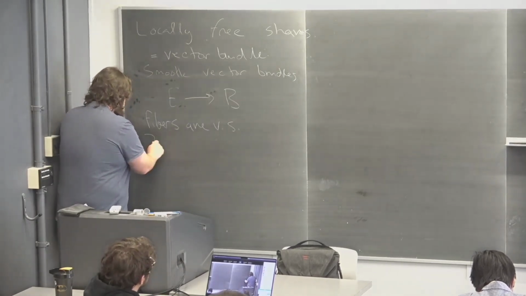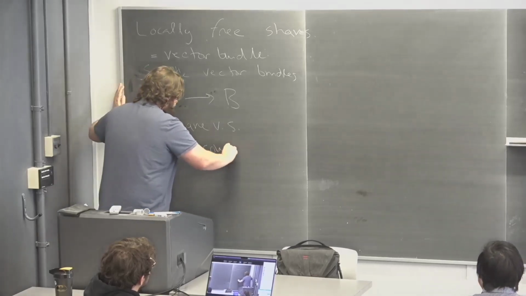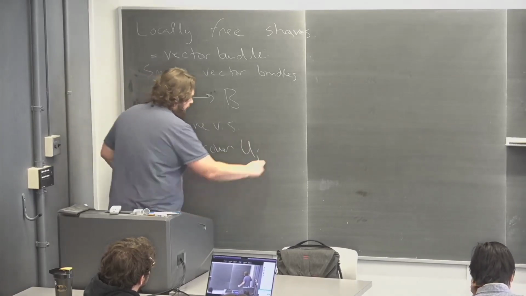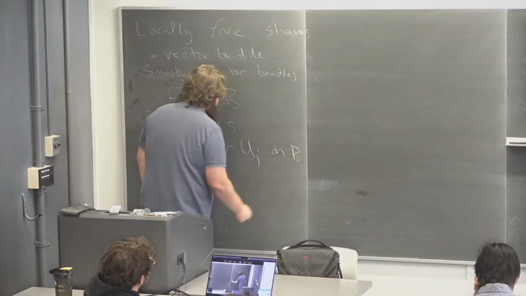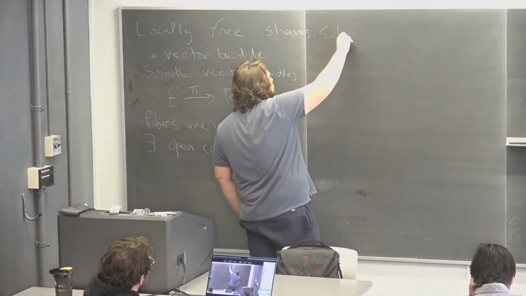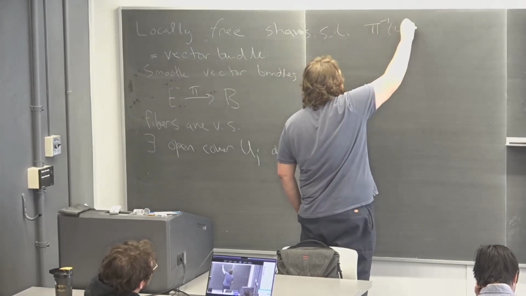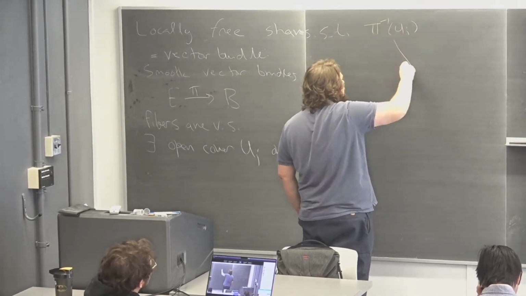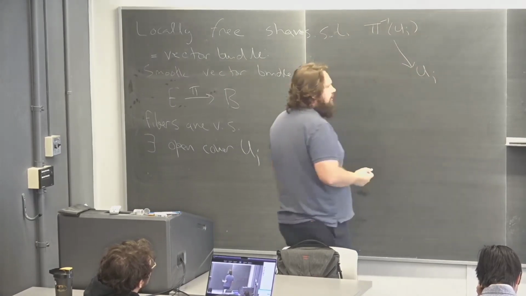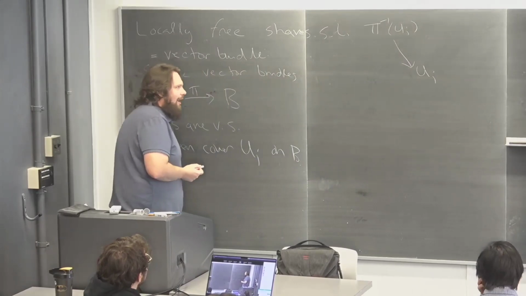It means there exists an open cover, U_i on B, and I'll call this map pi, such that if I look at pi inverse of U_i mapping to U_i, we're now thinking about everything in a more relative way.